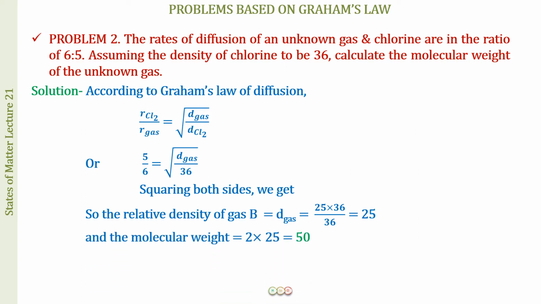So we multiply 25, the density of the gas, by 2 to get the molecular weight of the gas to be 50. Right? Again, a very simple question. You just have to remember the facts that we learned in the last lecture.